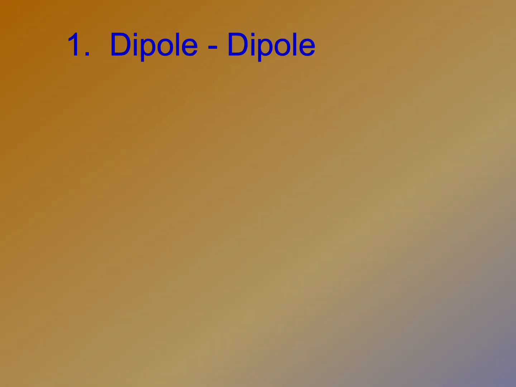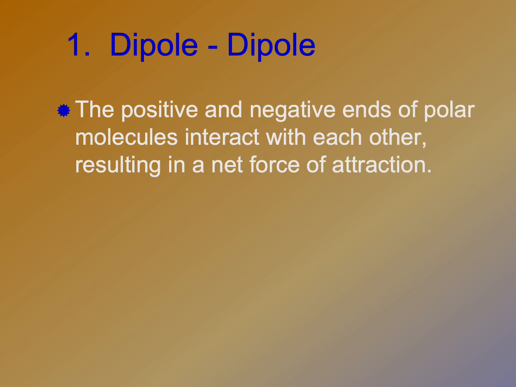So looking at those dipole-dipole forces, remember, a dipole is a substance that has two poles, so a positive end and a negative end. So with dipole forces, the positive and negative ends of polar molecules will interact with one another, resulting in a net force of attraction.